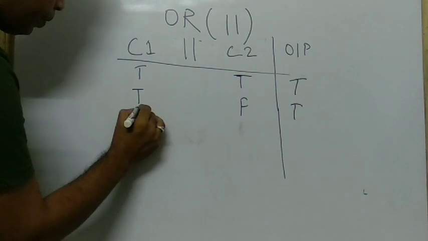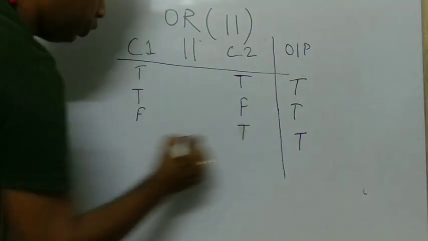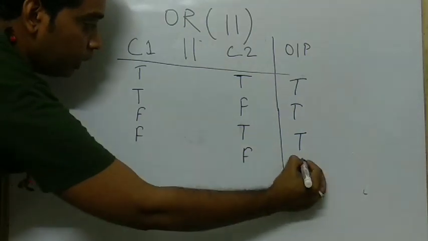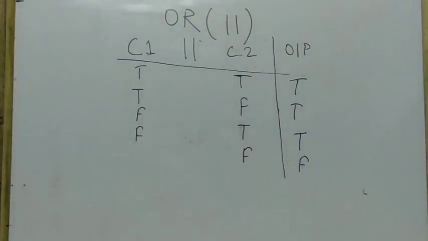If the first one is false and the second one is true, then the output is true. If the first one is false and the second one is false, then the output is false. So as you see, this operator gives a false output if and only if both the conditions are false.